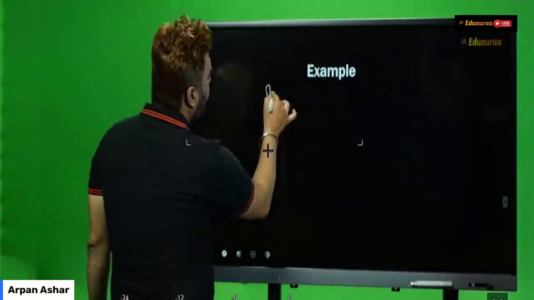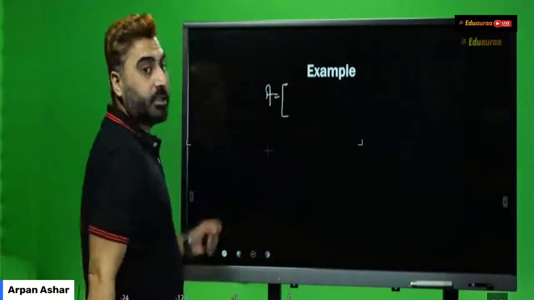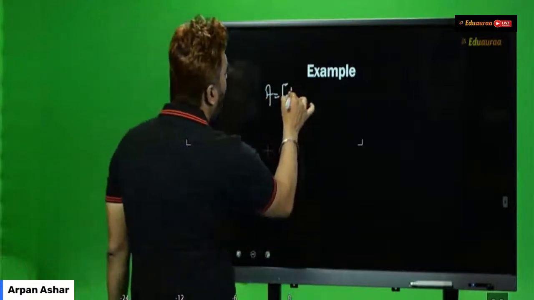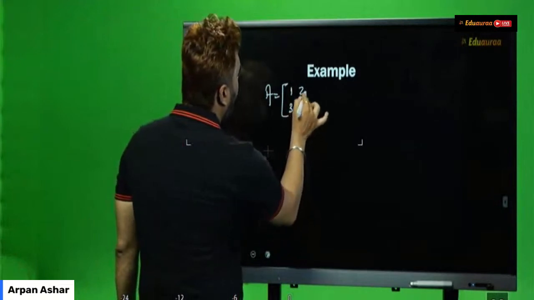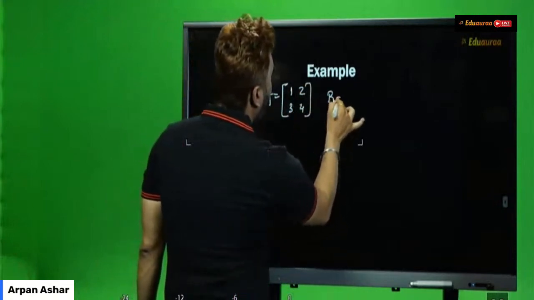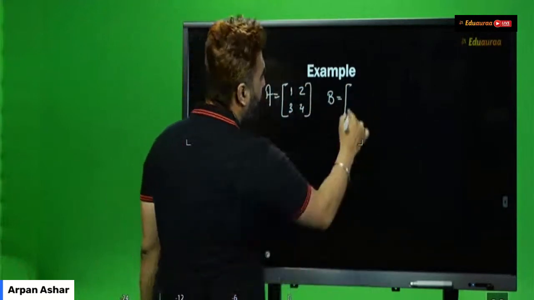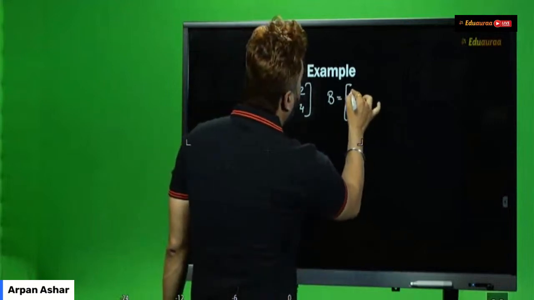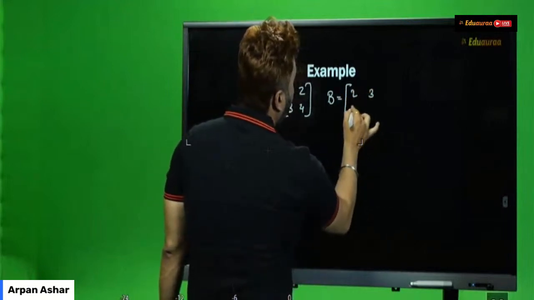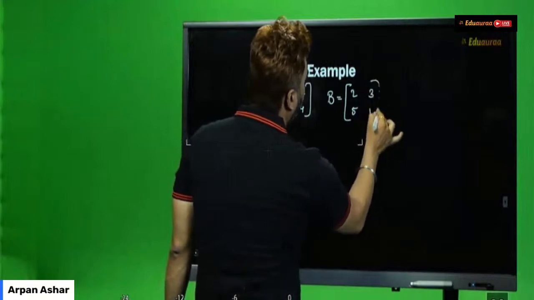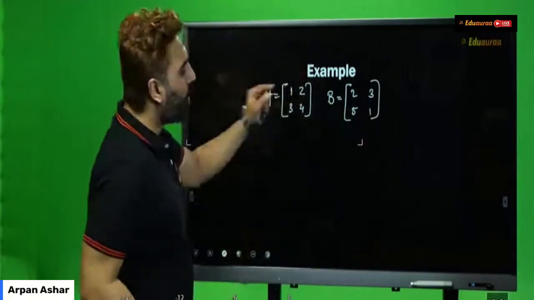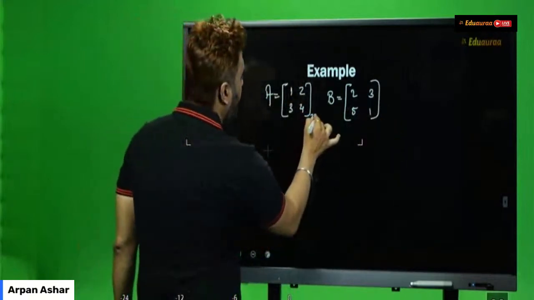So let's say we have A is equal to 1, 2, 3, 4. Let's say B is equal to 2, 3, 5 and 1. Now, what is the order of this matrix? 2/2.